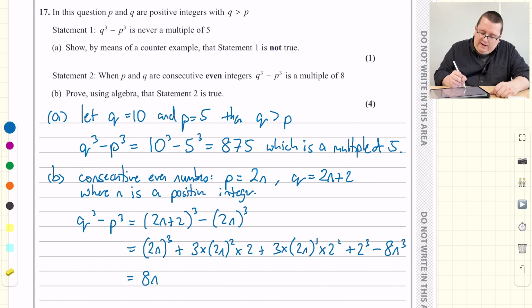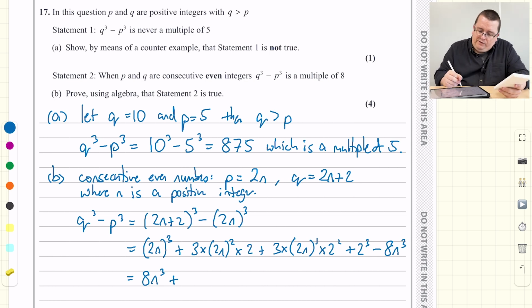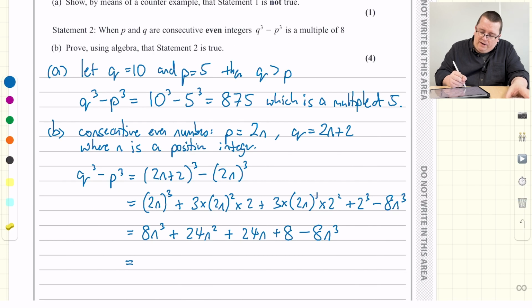So that's 8n cubed. Then we've got 3 times 4 times 2, so 24n squared. Then we've got 3 times 2 times 2 squared, which is 24n. Then we've got the plus 8, and then we've got to take away 8n cubed on the end. So the 8n cubes cancel away.